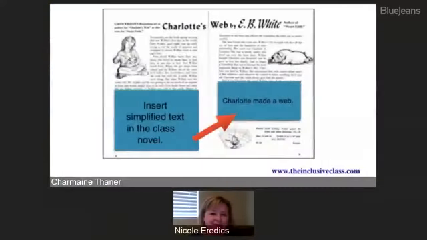And yeah, like you said, I've seen teachers do that where they still use the same book, the same novel, but somehow insert adaptive text in it. I think the other thing is making sure the illustrations are there if that novel has illustrations, and sometimes highlighting the caption under it.